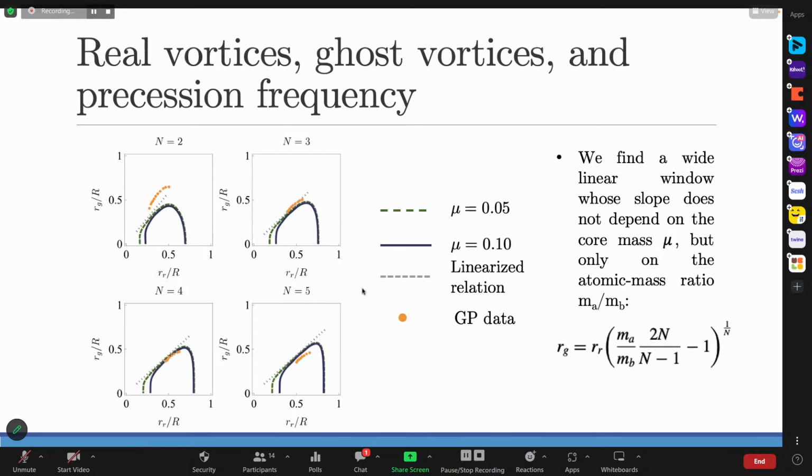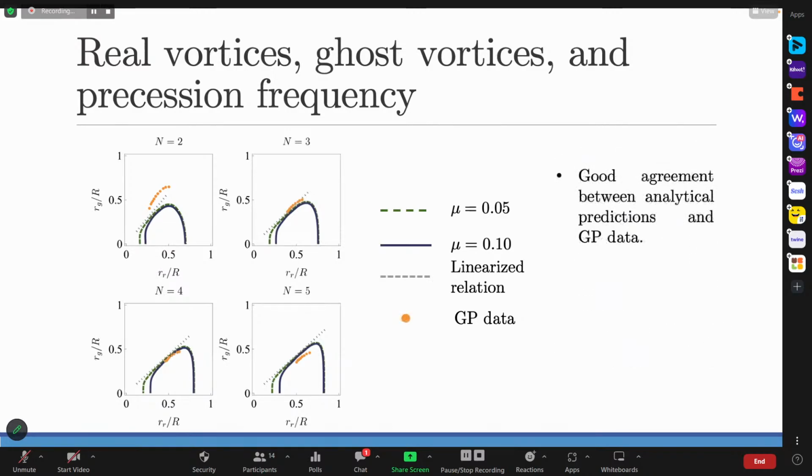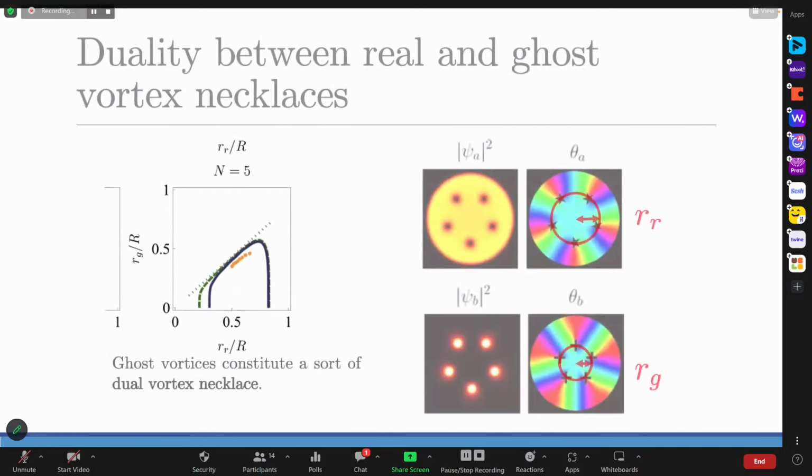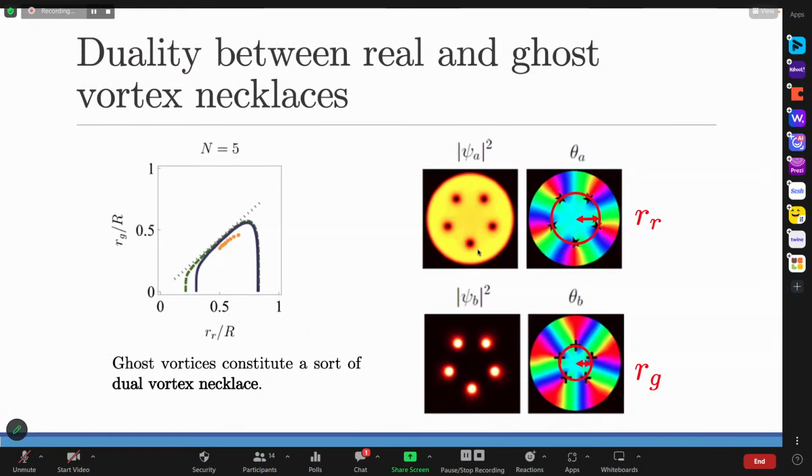And what we did was to compare this analytical prediction with data extracted from Gross-Pitaevskii simulations. So basically, we really measured the radius RR and the radius RG to compare with the analytical prediction, and we indeed had a very nice agreement.